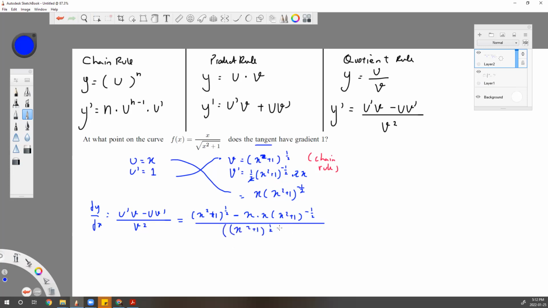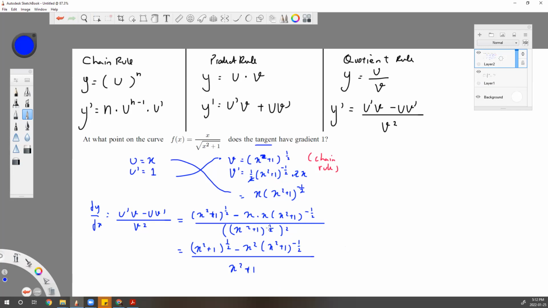Half power 2, right? So if you want to simplify, you just simplify the equation, I mean. Okay, power half minus x squared, right? x squared plus 1 power negative half over x squared plus 1 itself.